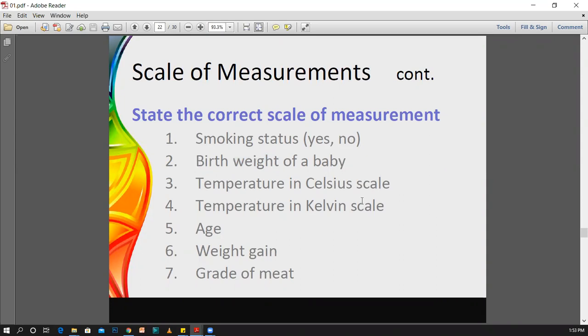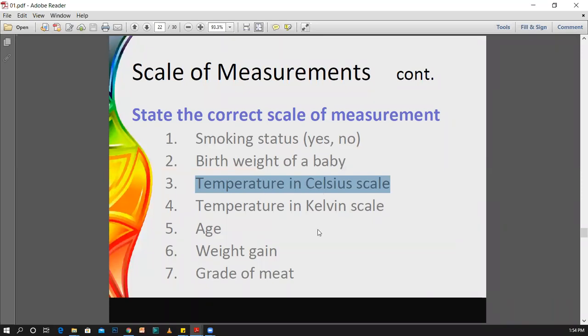Third one, temperature in the Celsius scale. In the Celsius scale, even though we have a 0 point, it is not a true 0 point. It is just a relative 0 point, because at zero Celsius you may still have some temperature. Therefore we can consider the third one under the interval scale.